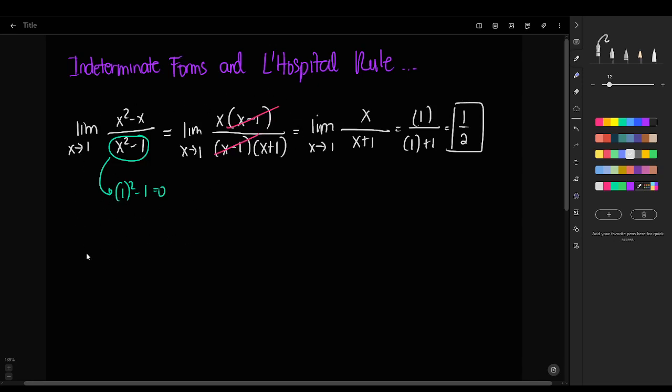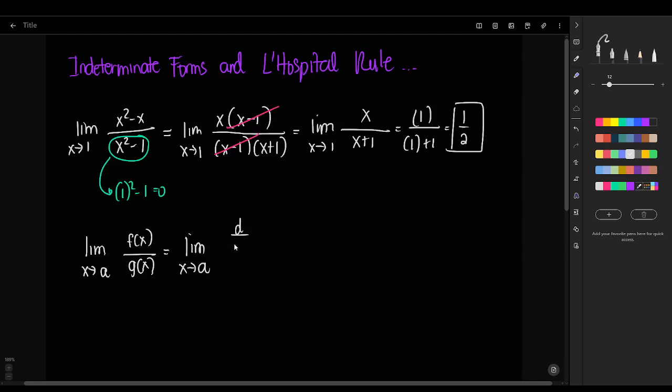To perform L'Hospital rule, let's say commonly you have a rational equation, and x approaches a certain value, let's say a, and you have f of x over g of x. Performing a L'Hospital rule here, you need to perform differentiation on both.